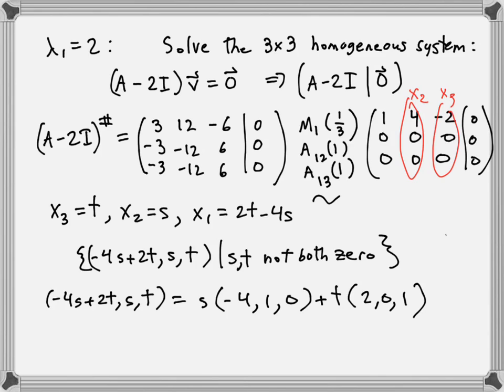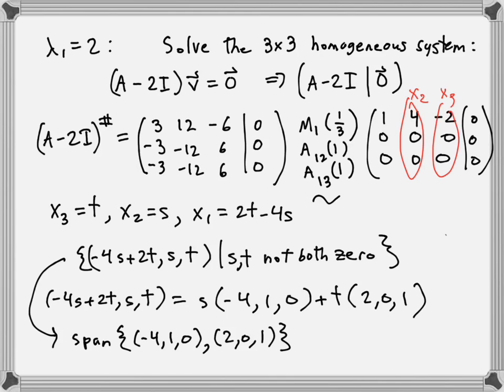So another way that we can write this, and this is the better way, is as the span of these two vectors, but we take away the 0 vector. So this is called the set of eigenvectors corresponding to eigenvalue 2. Okay, here they are.